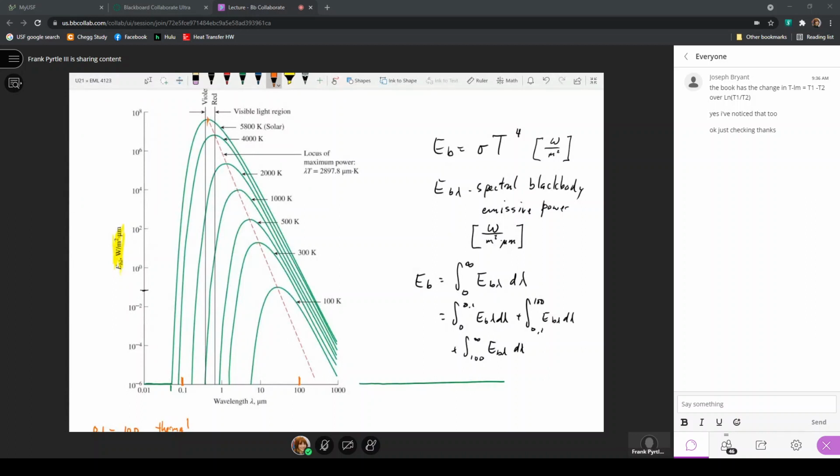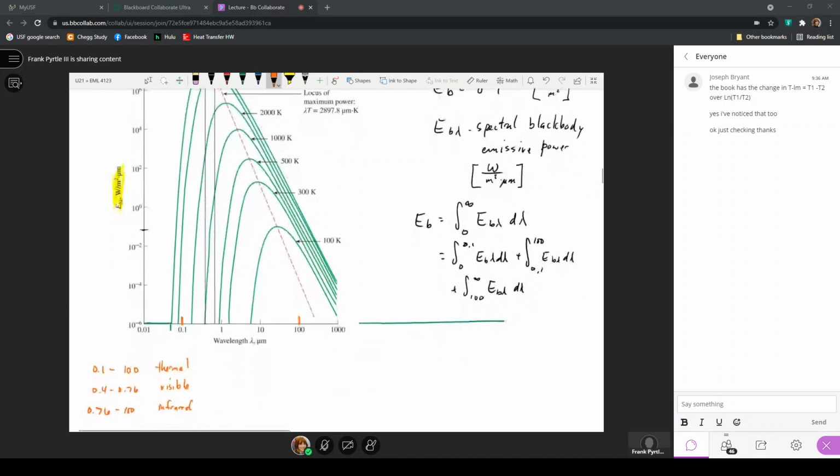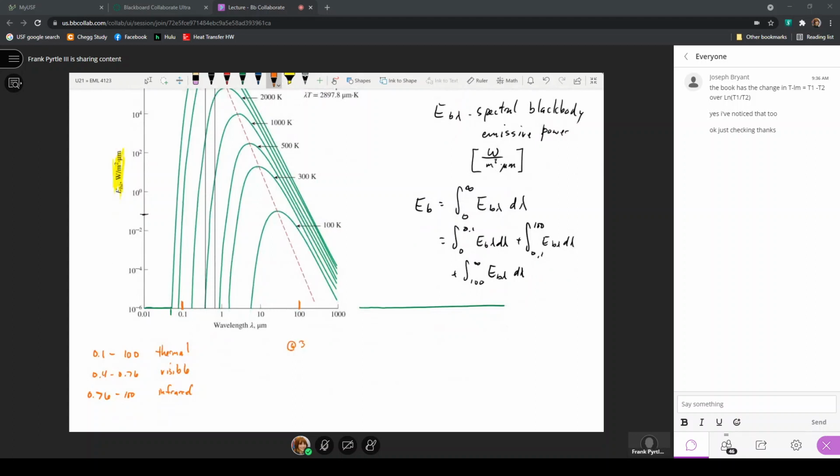But at 1 Kelvin, 2 Kelvin, 3 Kelvin, the black body emissive power is going to increase with the temperature. So here at 300 Kelvin, the black body emissive power would just be 5.67 times 10 to the minus 8 watts per meter squared Kelvin to the fourth, times 300 Kelvin raised to the 4th.